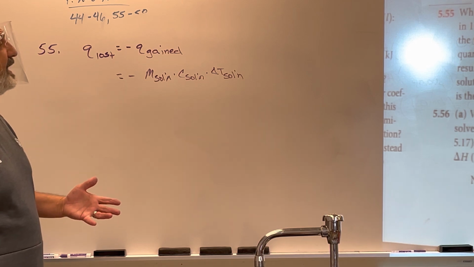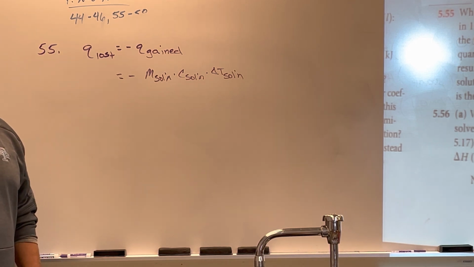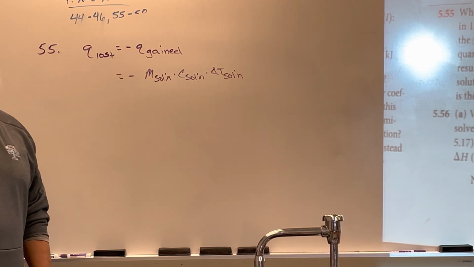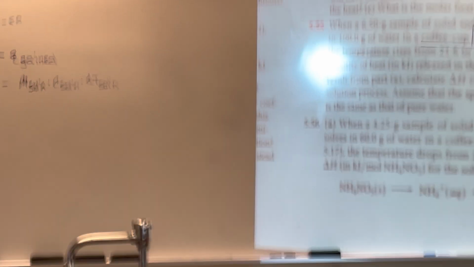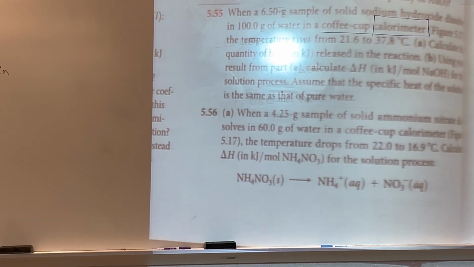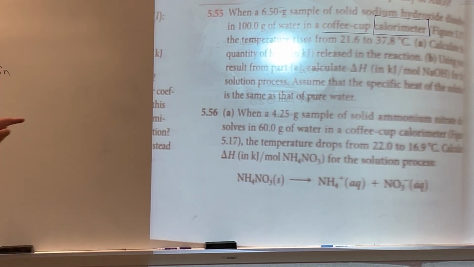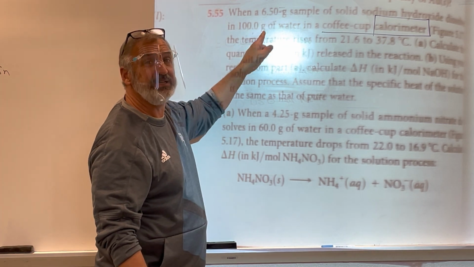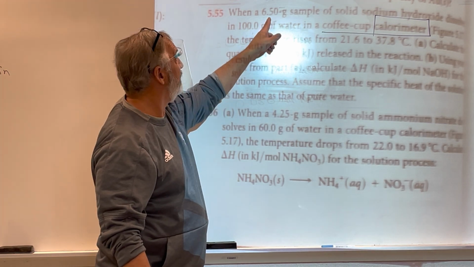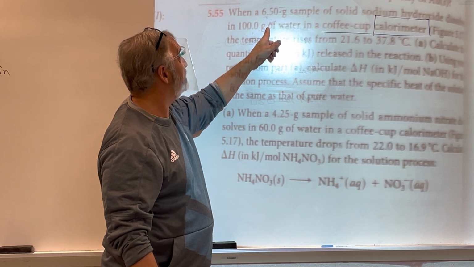So, what's the mass of the solution going to be? That's exactly right, because we have 100 grams of water and the 6.5. We're putting this in to the water, therefore the whole solution is going to be 106.5.